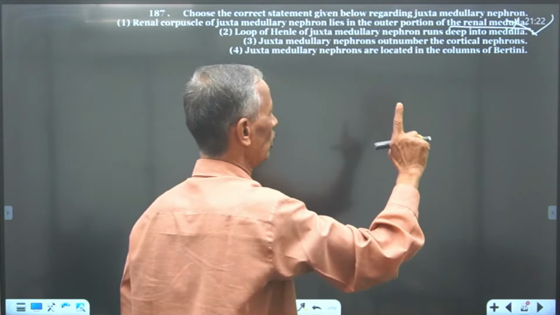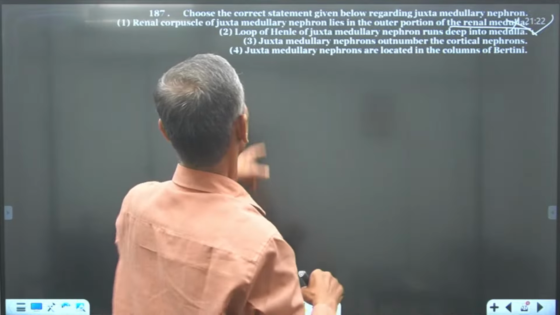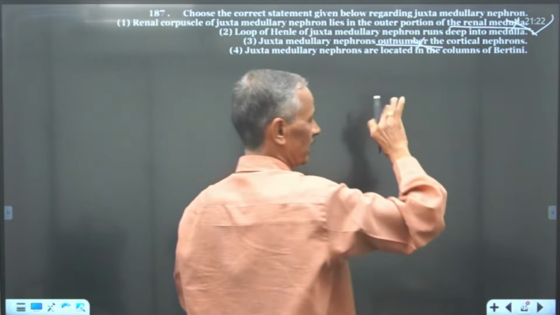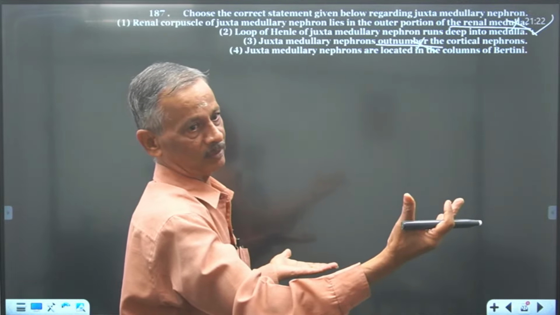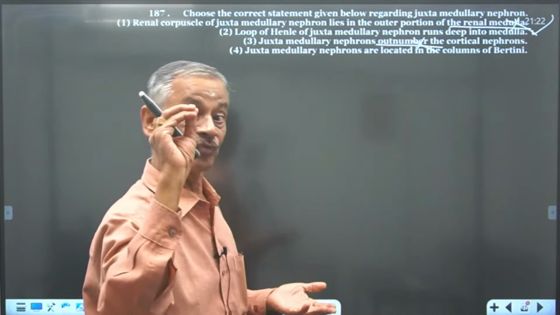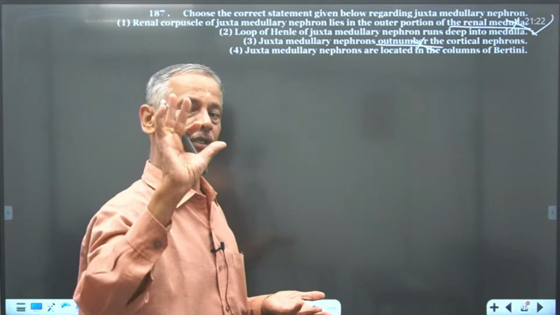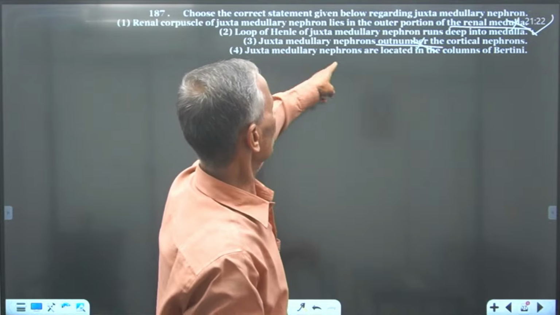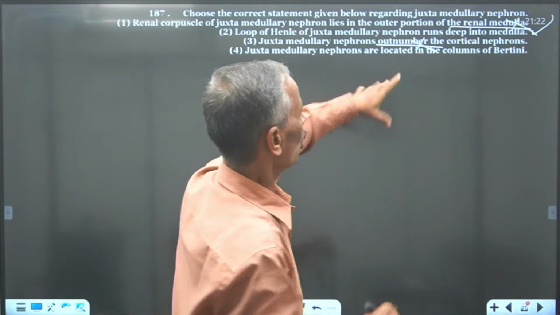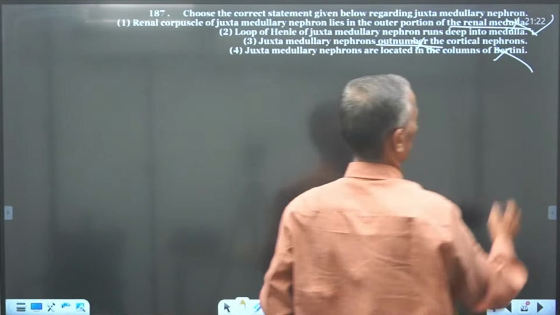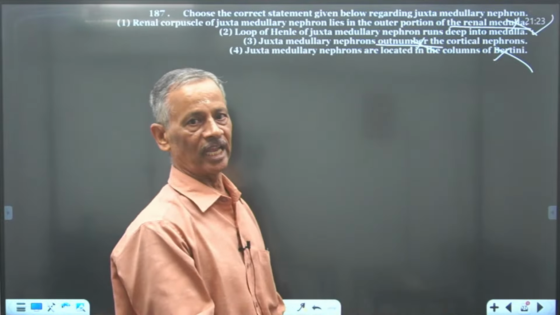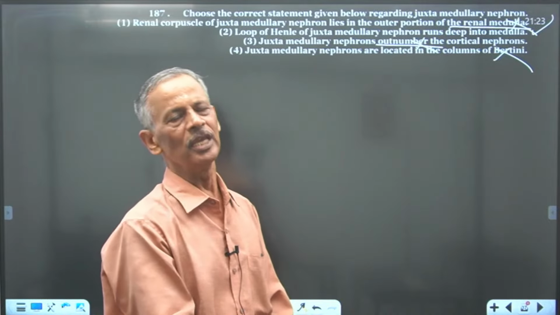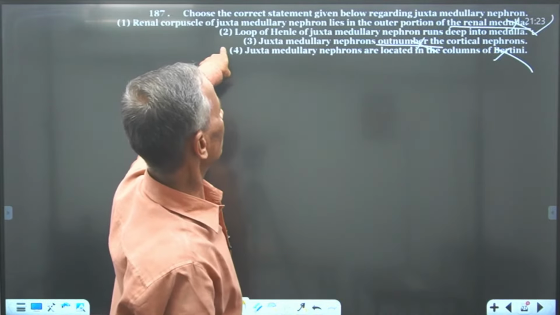Correct. It is long and runs deep. Juxtamedullary nephrons outnumber, meaning they are larger in number. No, juxtamedullary nephrons are only 15%. Cortical nephrons are 85%. So it is wrong. Juxtamedullary nephrons are located in the columns of Bertin. Never. Columns of Bertin are extensions of the cortex into the medulla in between the pyramids. So the only correct one is 2.